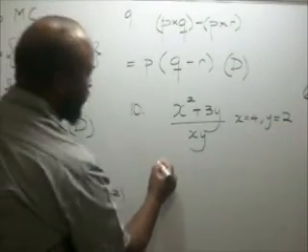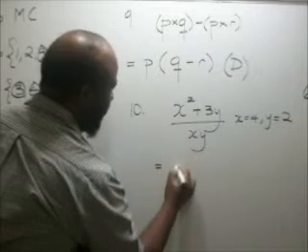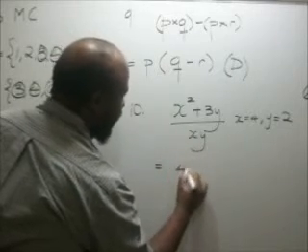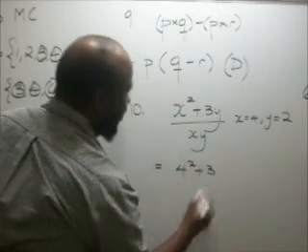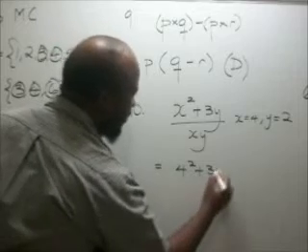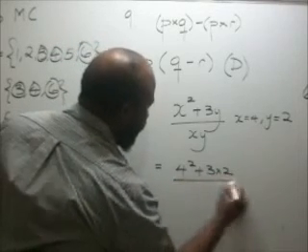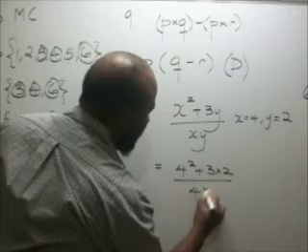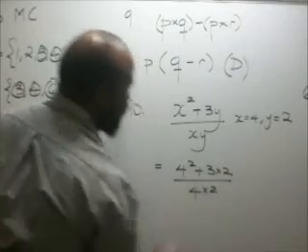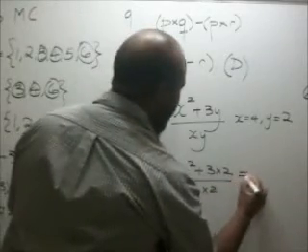So let's substitute. X is 4, so what we have is 4 squared plus 3 times y, and y is 2, so times 2, over 4, which is x, times y, which is 2.